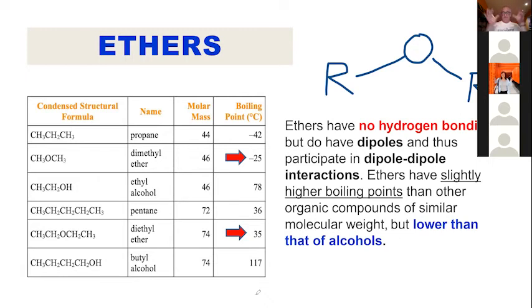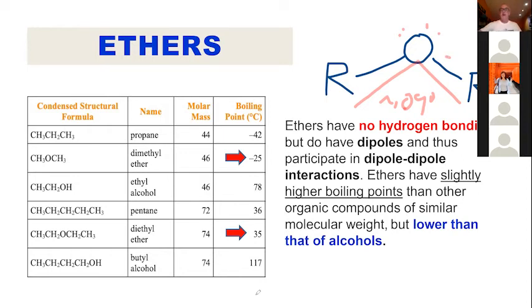Because when oxygen has 2 single bonds and 2 lone pairs, it's always going to be bent at around 109 degrees. Depending on what the groups are, big bulky groups may change the angle somewhat. But if they're just long alkanes, it's going to be around 109 degrees.